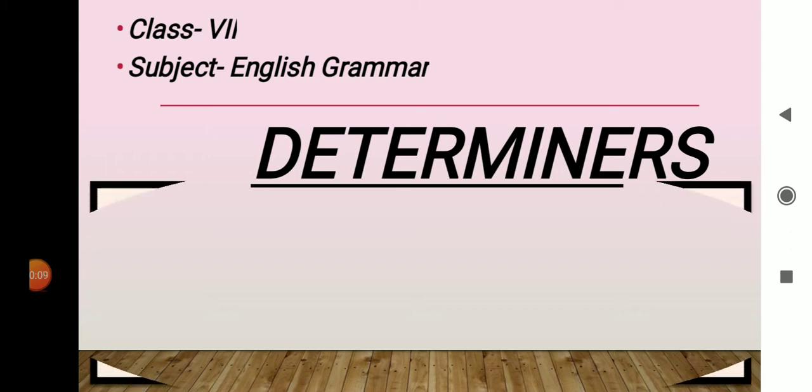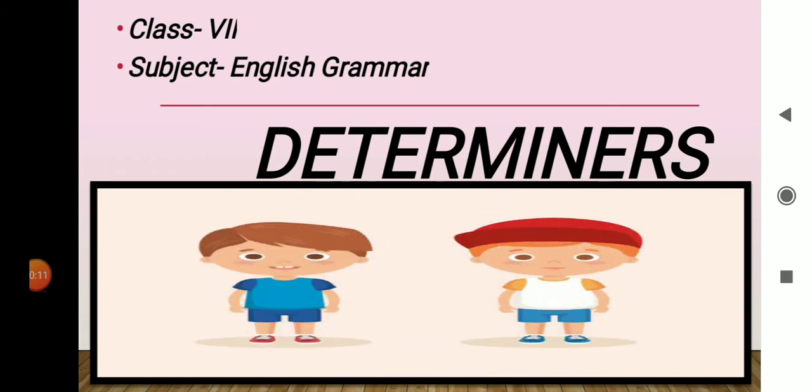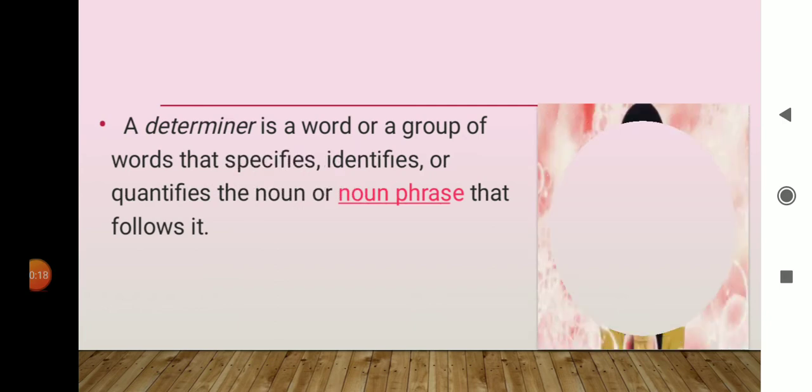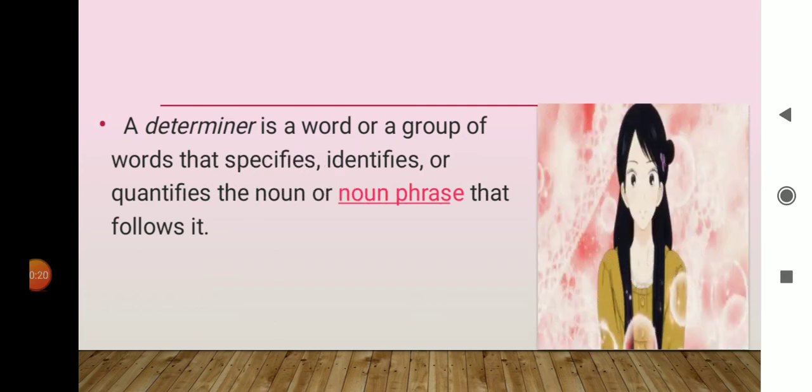So let's get started. First of all, we'll see what a determiner is. So let's see the definition. As you can see, a determiner is a word or a group of words that specifies, identifies or quantifies the noun or noun phrase that follows it.